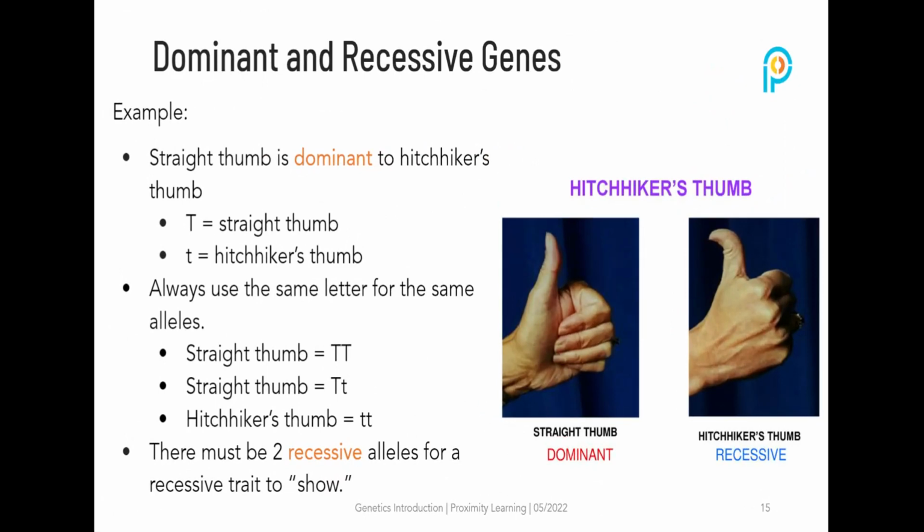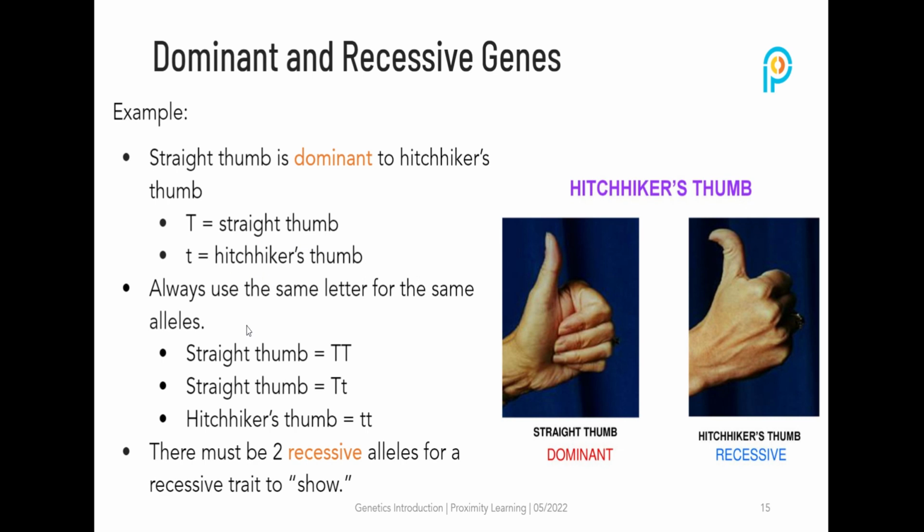Another example would be a straight thumb or a hitchhiker's thumb. A straight thumb is dominant. A hitchhiker's thumb is recessive. So a straight thumb is represented with the uppercase T, hitchhiker's thumb with the lowercase t.